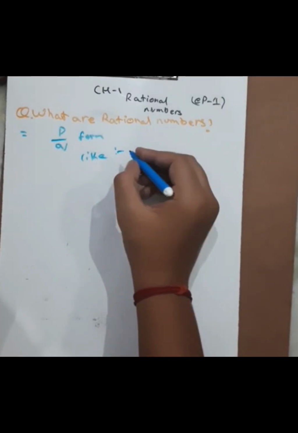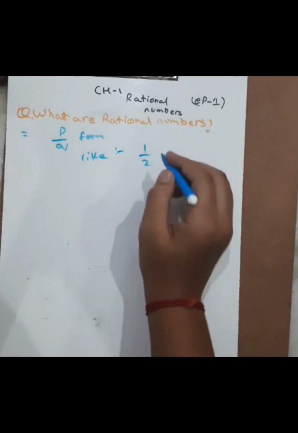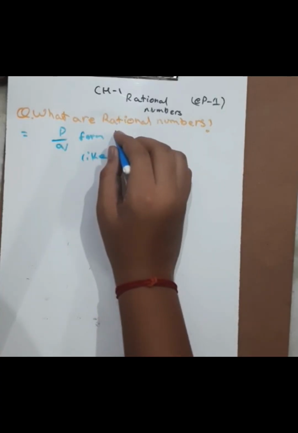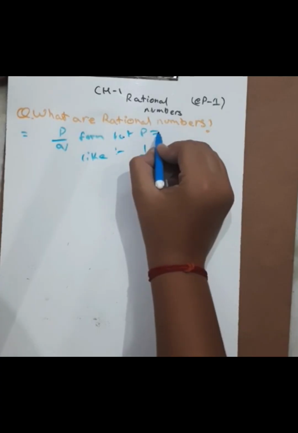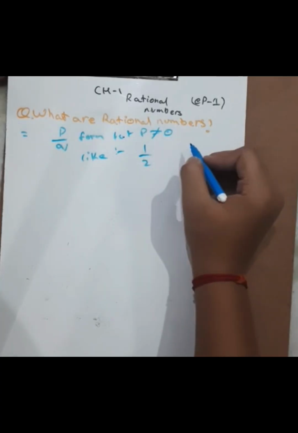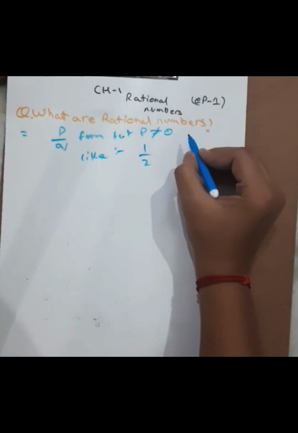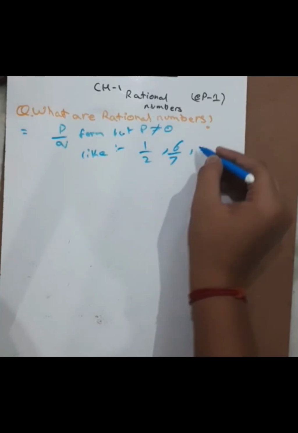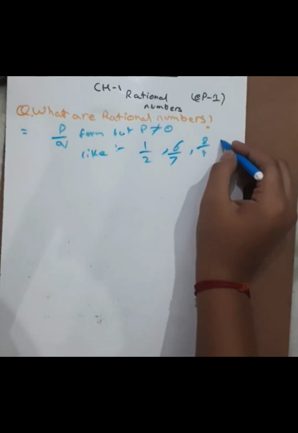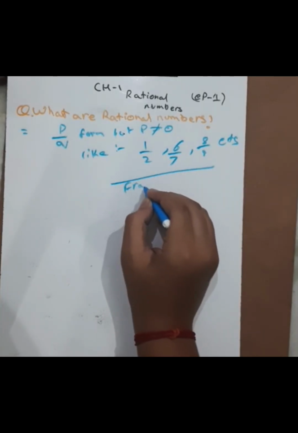But P is not equal to 0. Some examples are 1 by 2, 6 by 7, 8 by 9, etc. Basically fractions.